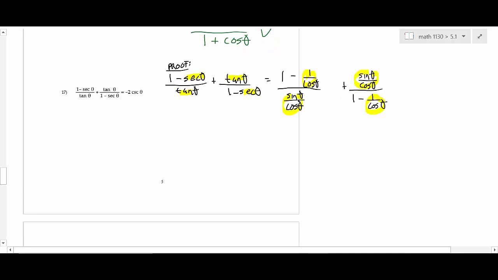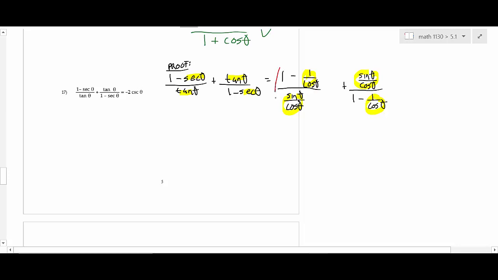So what's the next thing that you would like to accomplish? Multiply the whole thing by cosine? Yeah, each one. Now you've got 2 individual things, so you want that cosine to go away. You need to multiply this fraction by cosine over cosine and that one too, and just see where this leads us. All right, we'll find out in a minute.